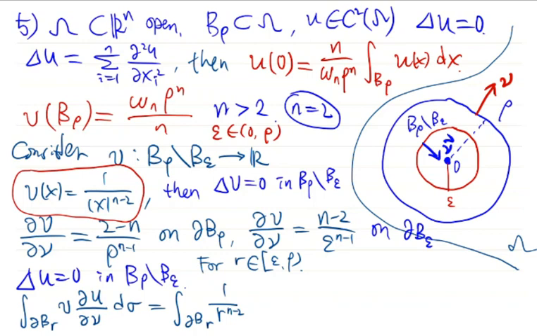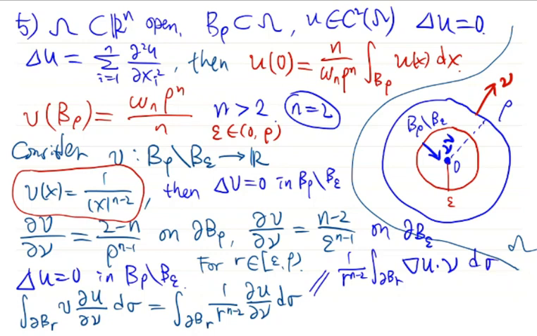Therefore, v is precisely 1 over r to the n minus 2. Then multiplying by the directional derivative of u, this is 1 over r to the n minus 2 times the integral over the sphere of the gradient of u inner product with the outward normal vector.